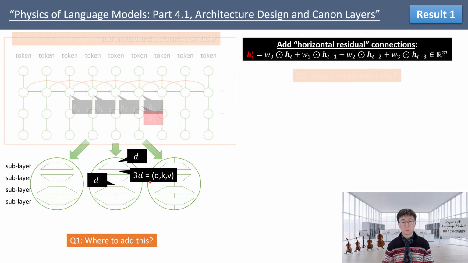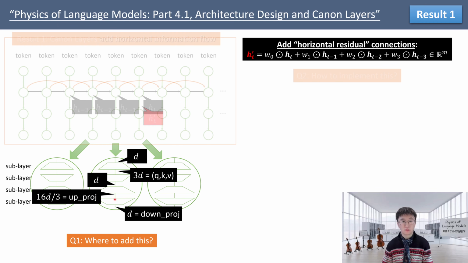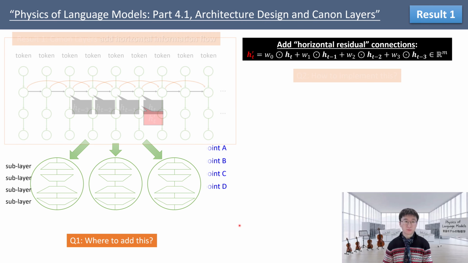After performing attention, it projects everything back down to dimension D. And now the first layer of the gated MLP, for instance, up projects this vector into dimension 16D over 3, and then down projects it back to dimension D. So that is roughly how a transformer block, or transformer layer, works.